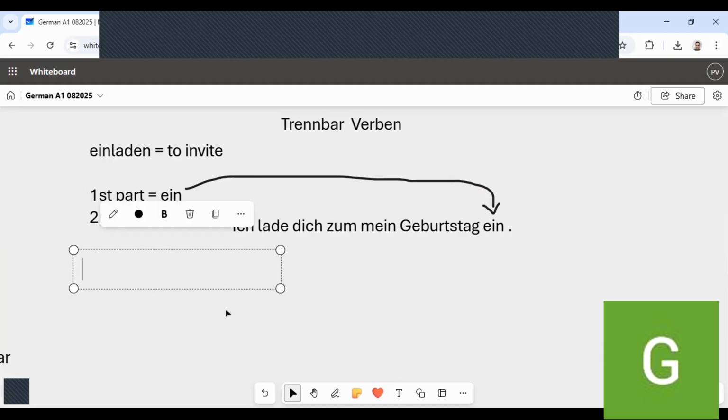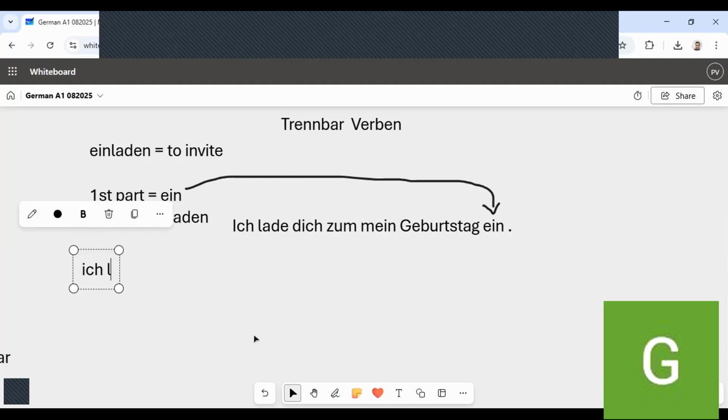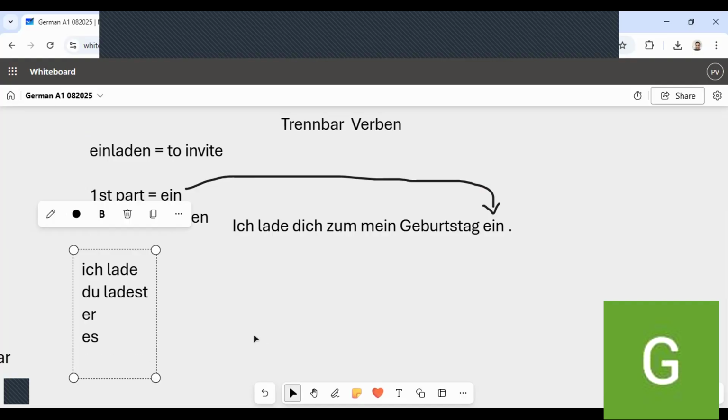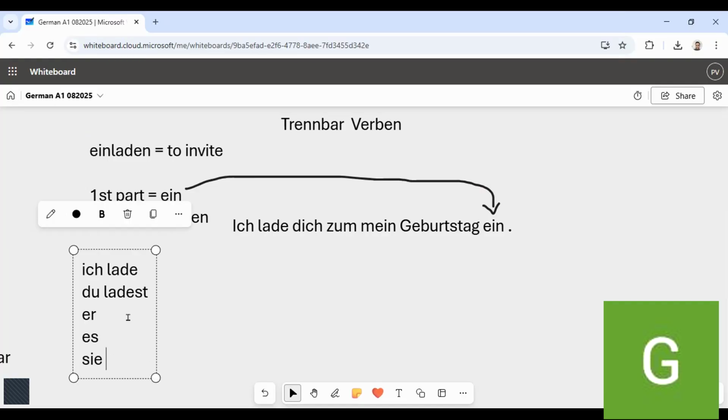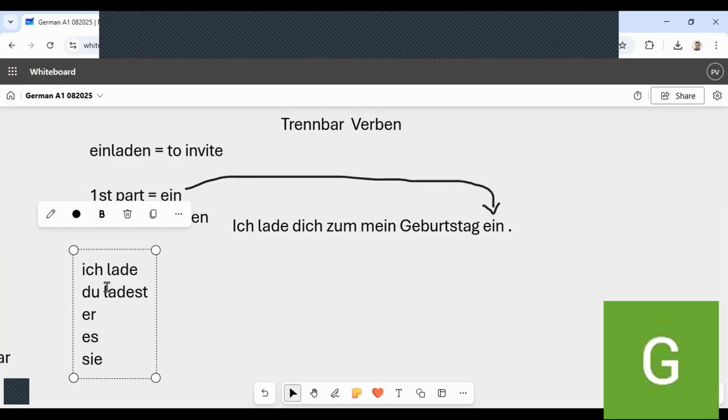We only have to learn the conjugation for the second part. The second part conjugation will be like this: ich lade, du ladest. Actually, since we have learned this verb as an irregular verb, it should be different.